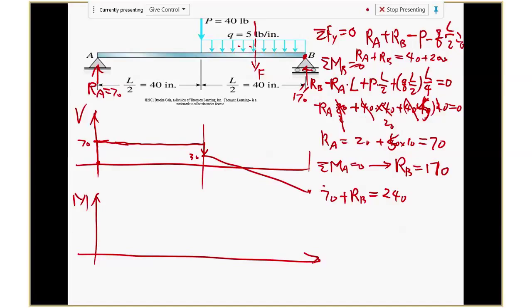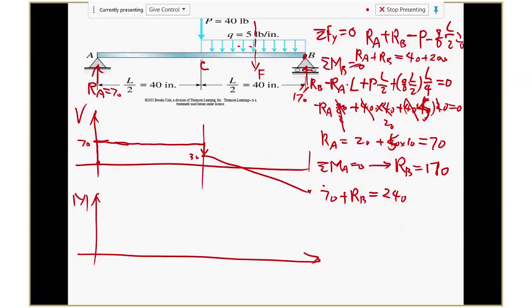The amount of the difference from point A to point B. What's the difference? It's the area of Q, right? Okay, so from point C to point B, how big is this area of Q? 5 times this 40, 200. So you should go down 200, right?